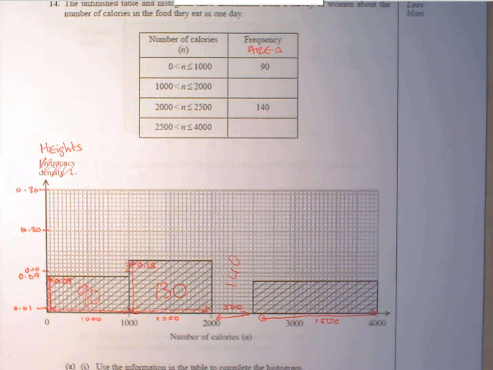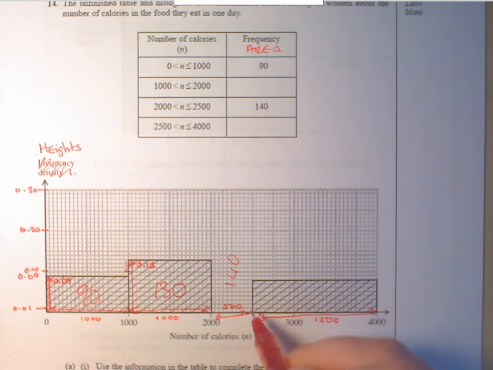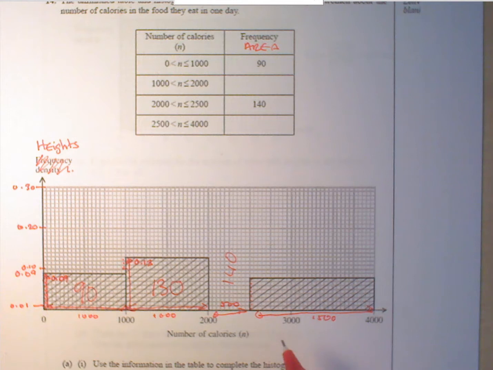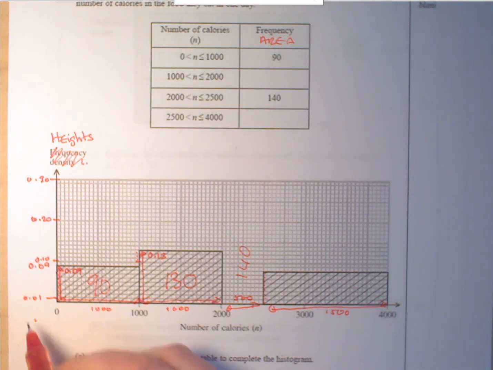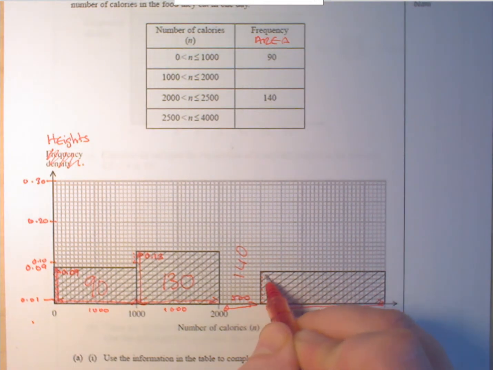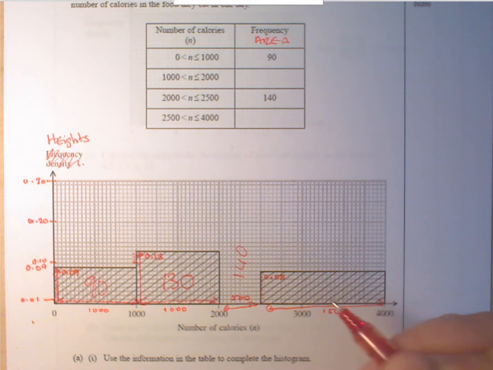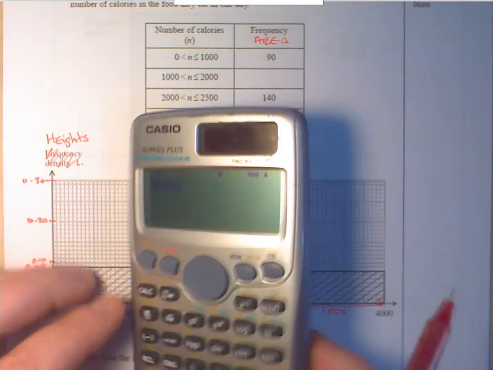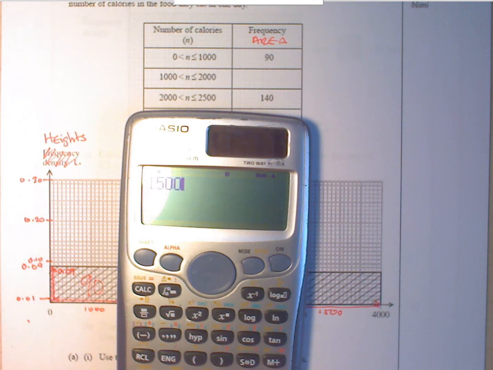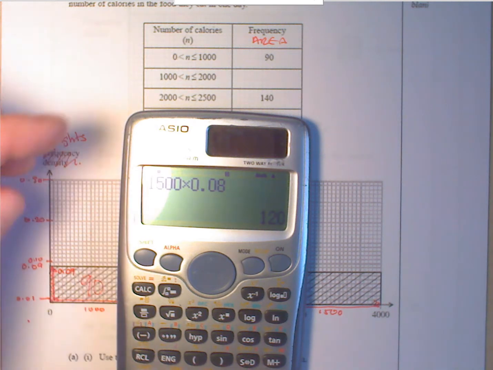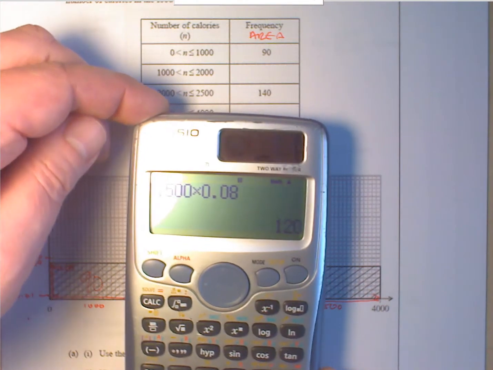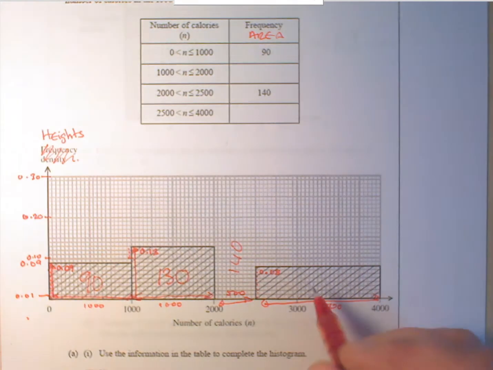Here I can work out the height: 1, 2, 3, 4, 5, 6, 7, 8 little squares, 8 times 0.01, that's going to be 0.08. And so to get this area, it's just 1,500 times 0.08, which gives me 120.